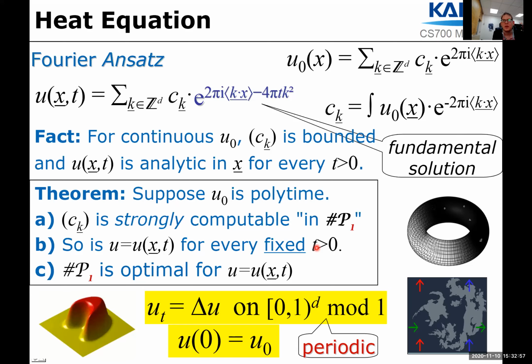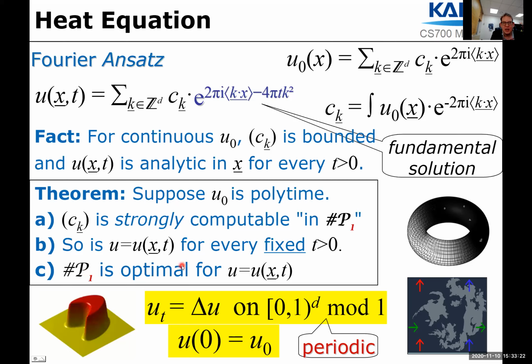If there exists an initial condition u0, which is polynomial time computable, such that the solution is computable in polynomial time, then actually FP1 coincides with sharp P1. It's the same kind of statement as we had about definite Riemann integration.